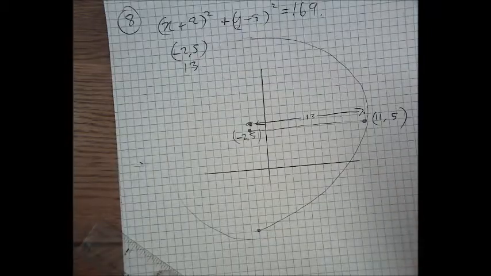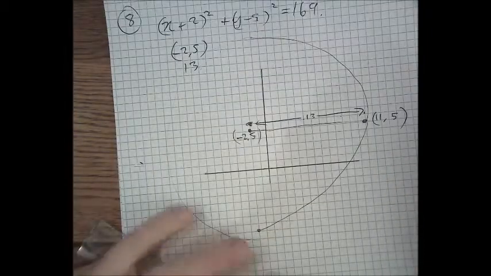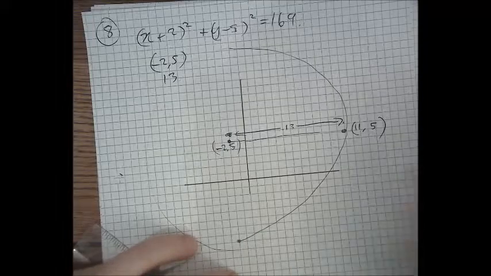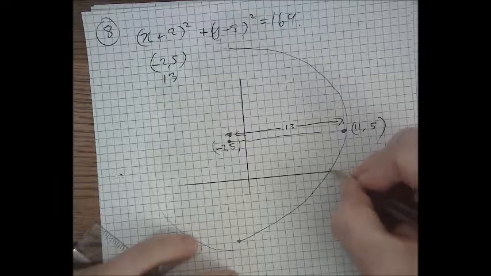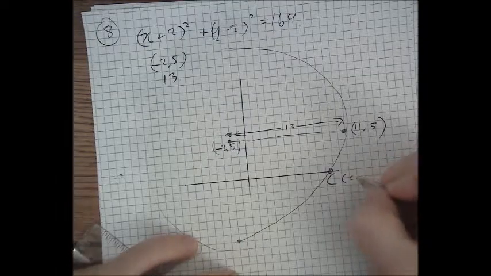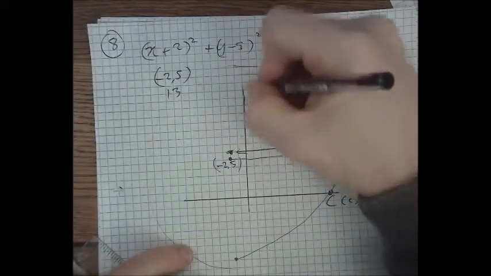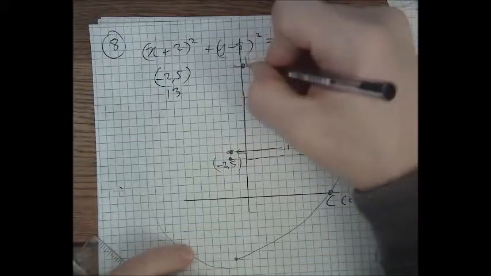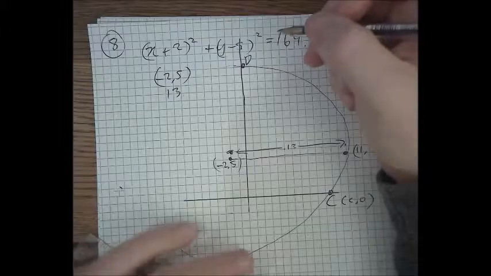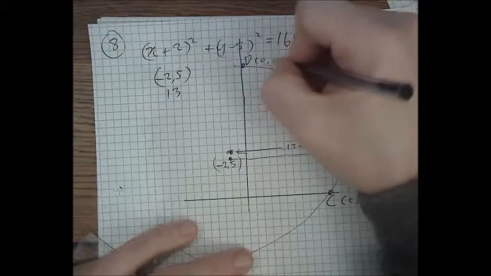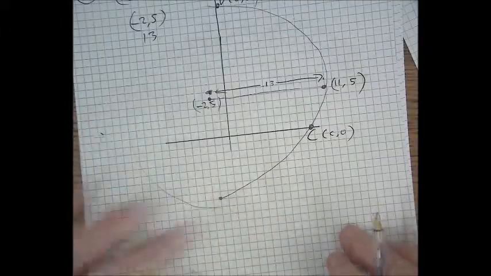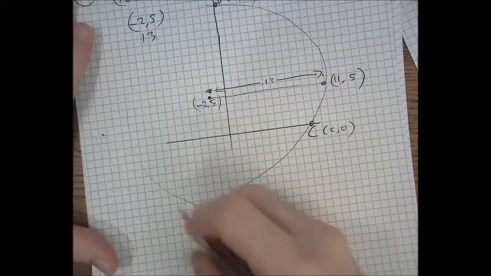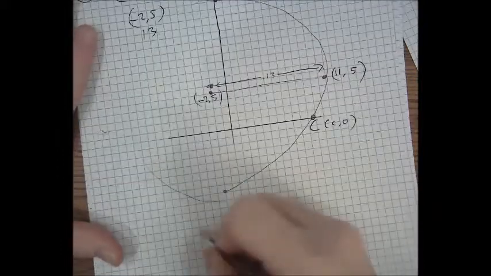Okay, now we're told that it meets the positive axes at C, which is c, 0, and D, which is 0, d, and we're being asked to find the values of those. So let's find the y-intercept.